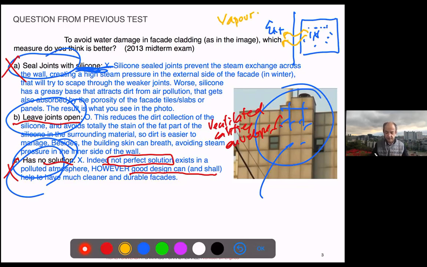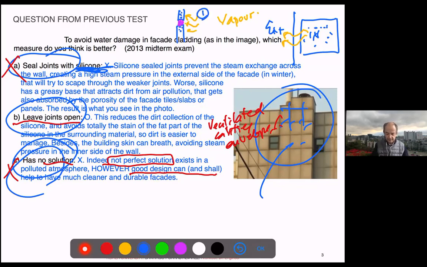If you put silicone in the joints of the stone, all that steam accumulates and puts pressure, and that will eventually saturate the stones. So that's effect 1, it saturates.